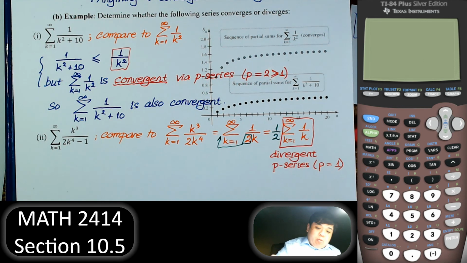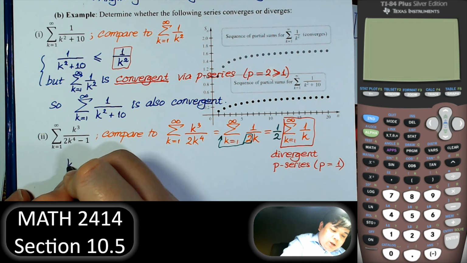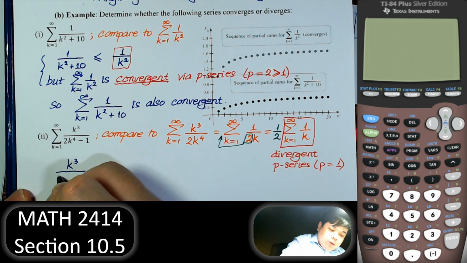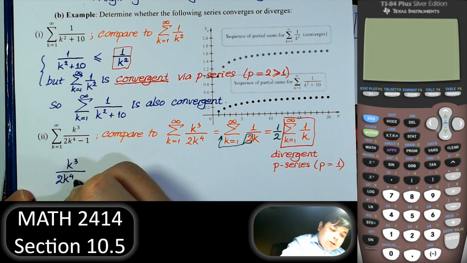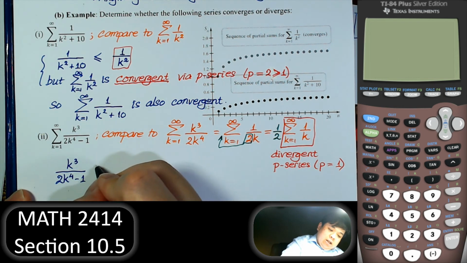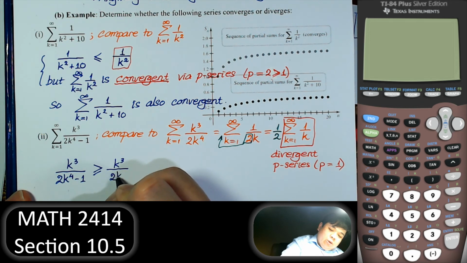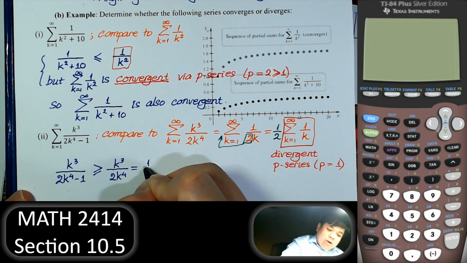Then we just properly write k cubed over 2k to the 4th minus 1 is greater than or equal to k cubed over 2k to the 4th, which simplifies to 1 over 2k.